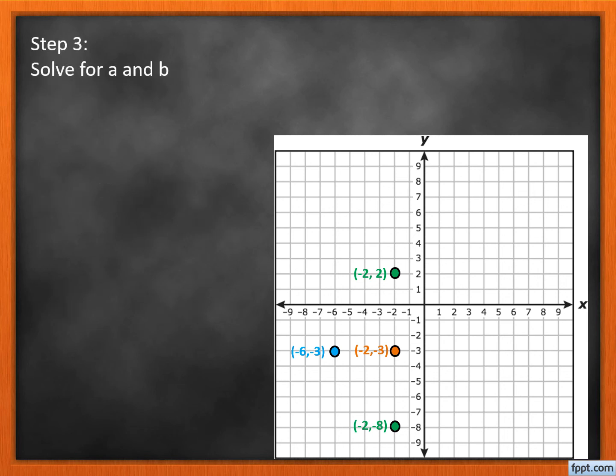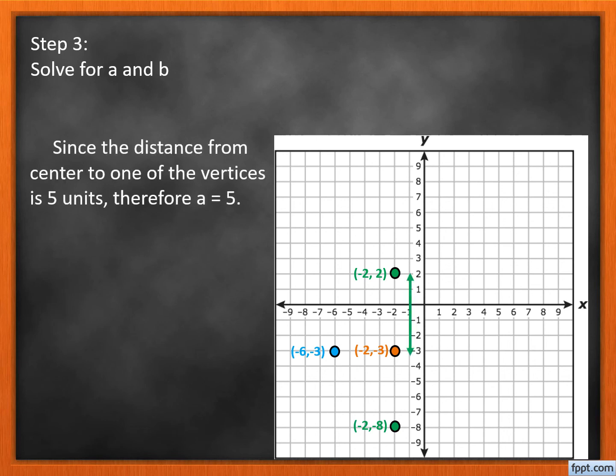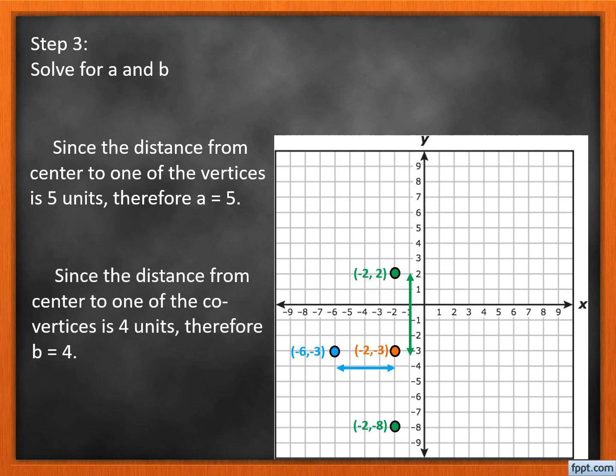Now, let us solve for the values of a and b. Since the distance from the center to one of the vertices is 5 units, the value of a equals 5. And since the distance from the center to one of the co-vertices is 4 units, the value of b equals 4.